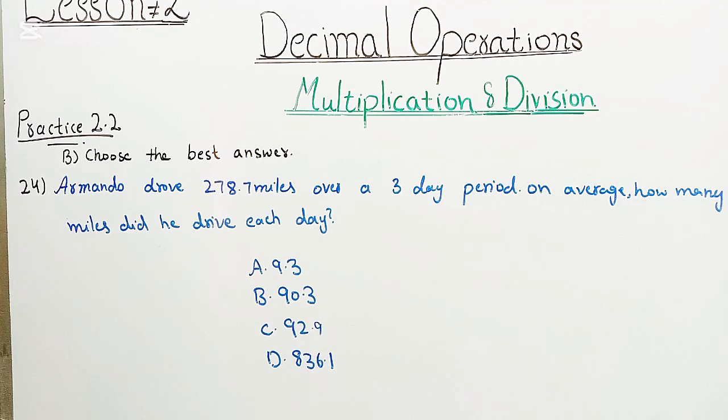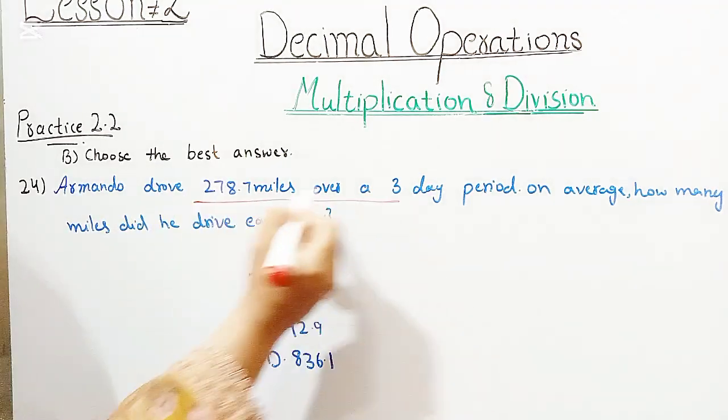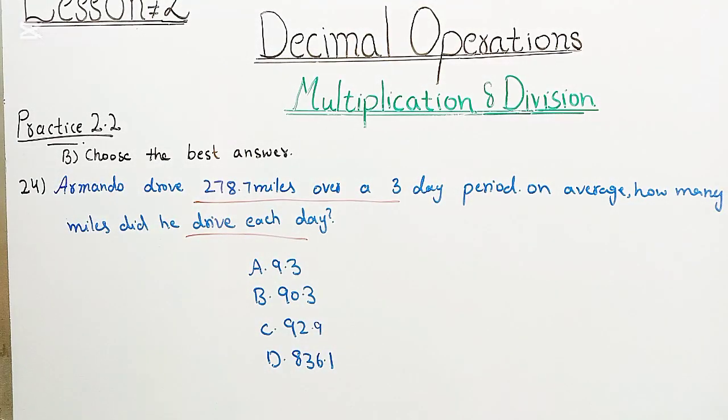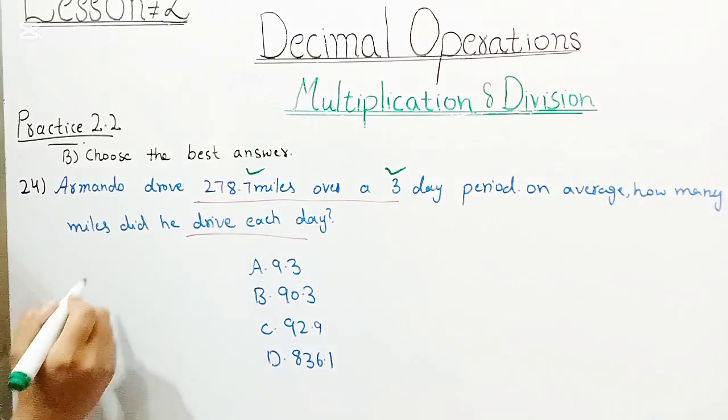Armando drove a total of 278.7 miles over 3 days. Now I will explain it. We need to find out how many miles he drove each day on average. So to do this, divide the total miles by the number of days.